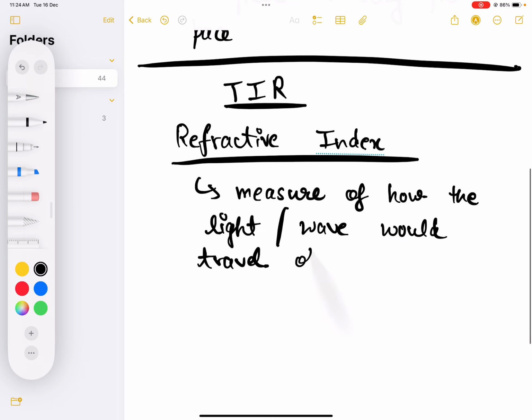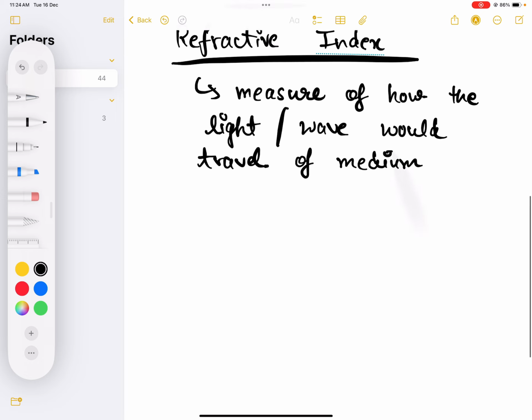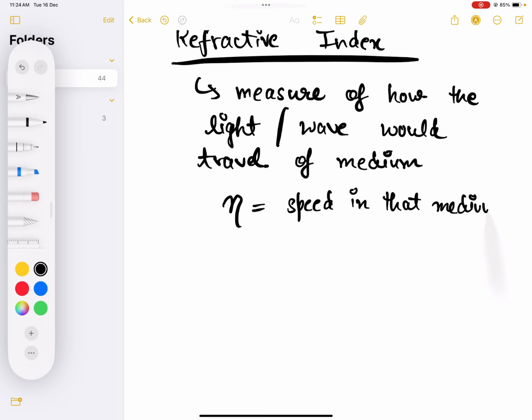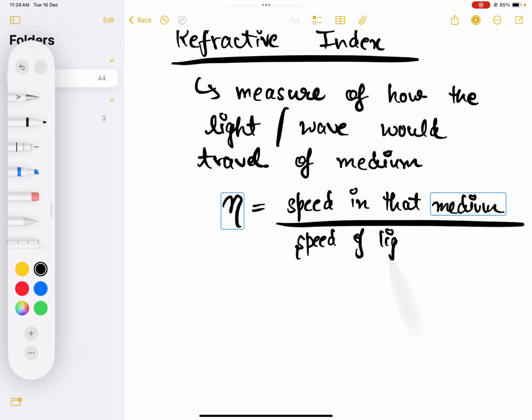It is represented by eta, which is equal to the speed of light in that medium divided by the speed of light in vacuum.